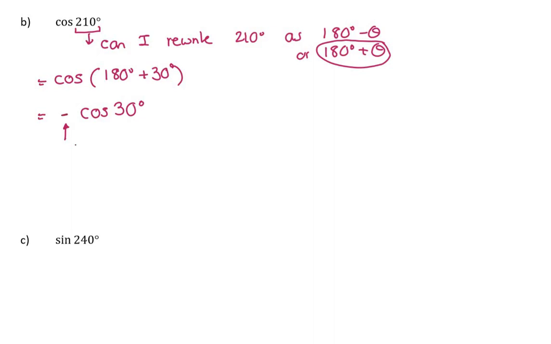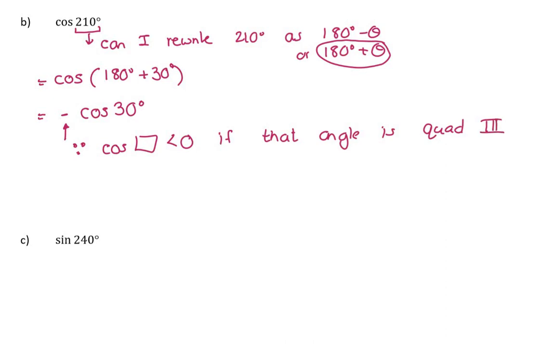It'll be negative simply because cos of an angle is less than 0 if that angle is in quadrant 3. And 210 is in quadrant 3. So cos of 210 will have exactly the same numbers in its ratio as cos of 30, but it'll have to be the negative version of cos of 30.